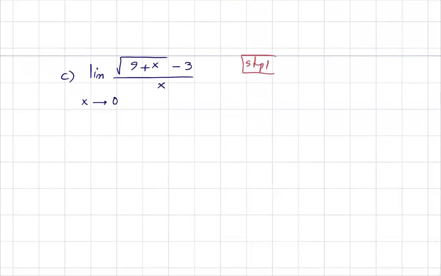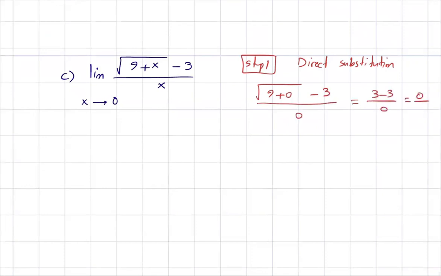In step 1, what are we going to do? We're going to use direct substitution. Sometimes direct substitution works for you, everybody. Some other times, not so much. So here you get the square root of 9 plus 0 minus 3 divided by 0, which is 3 minus 3 over 0, or 0 over 0, indeterminate form. So direct substitution doesn't work.